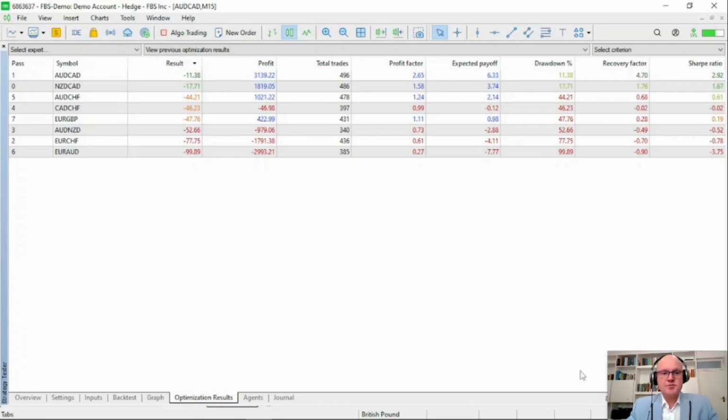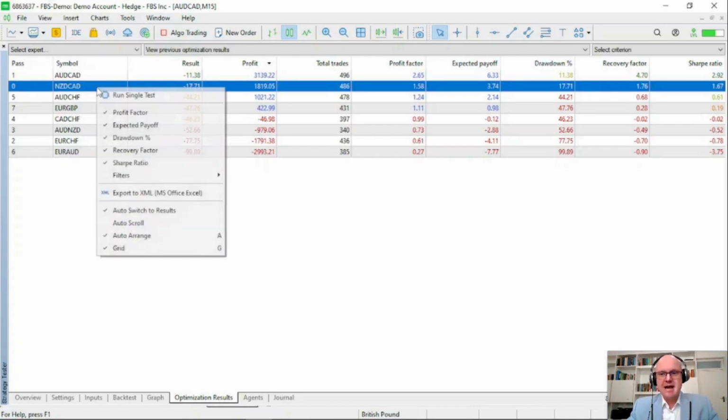Now, what we're going to do today is select the NZDCAD and try to further optimize it and see if we can either decrease the drawdown or increase the profit. It is currently at a 17.71% relative drawdown and a profit of $1,819, again on the $3,000 starting balance.